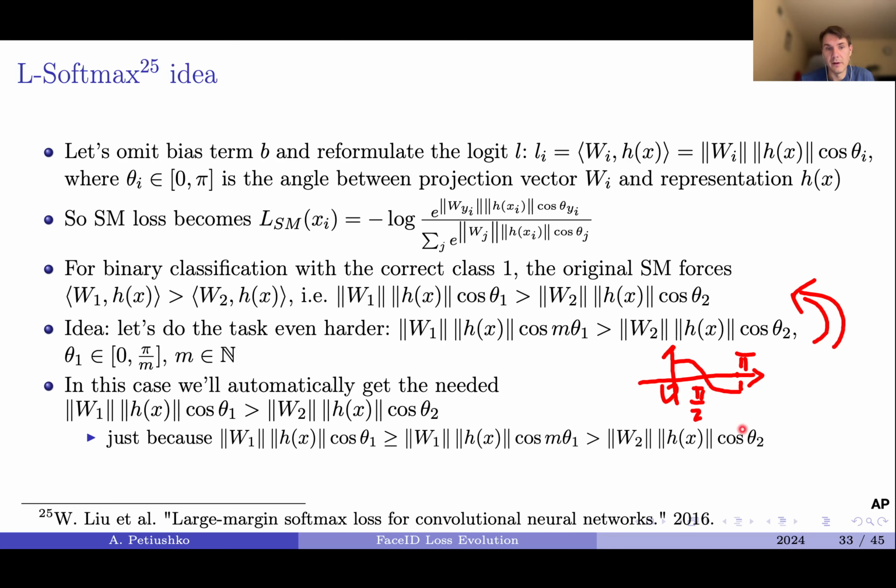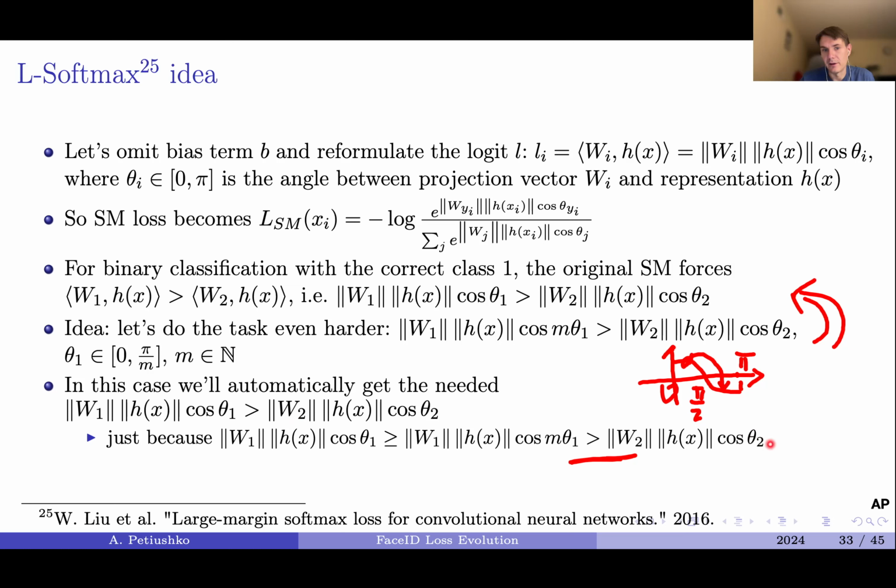So when we multiply theta by an integer, not just an integer but a natural number, which is, for example, greater than 1, it just jumps from, for example, this point to this point. And it means that the value here is bigger than the value here. And that's why we would have here cosine theta 1 is bigger than cosine m theta 1, and at the same time we already have it by definition of our loss.